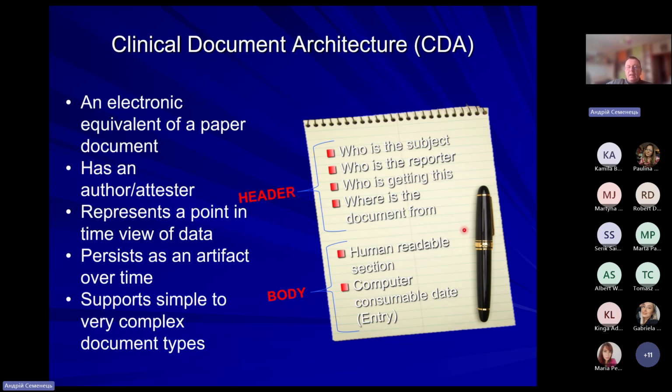The header, which contains encoded service information about the document, like subject data, encoded patient information, encoded physician information, facility information, different encounter dates, and so on, and the body of information, which in fact has to be human-readable information augmented by computer-consumable data in terms of various object identifiers and so on.